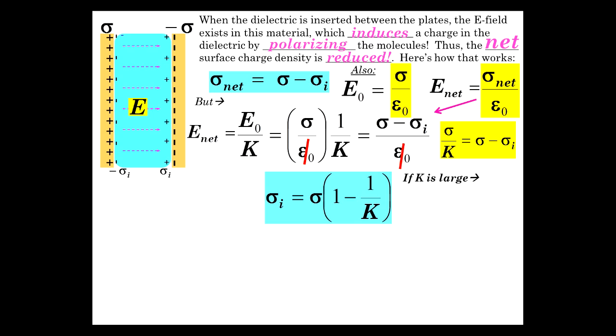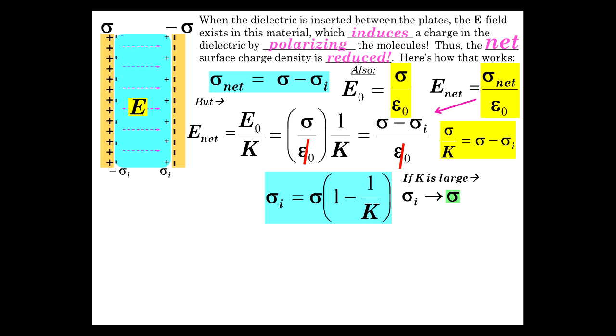Now, even though that looks like an awesome equation, you don't need to memorize it. I'm just showing it here for illustrative purposes. And if K, the dielectric constant, is large, then this becomes small, and sigma I becomes very close to sigma.